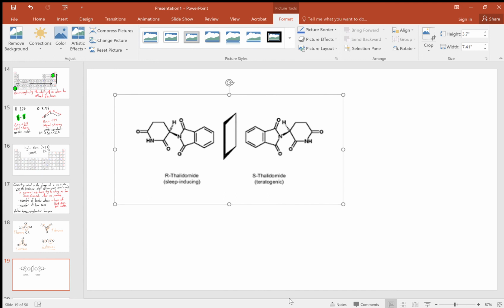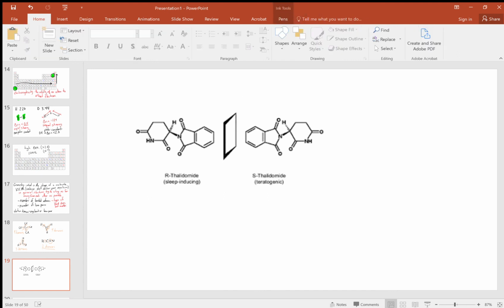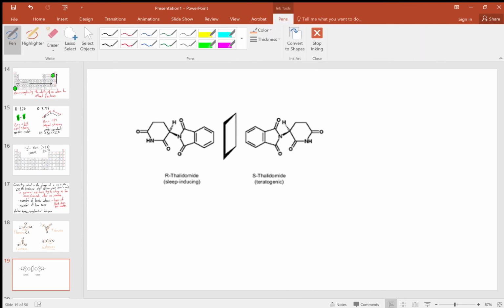But because of the geometry of carbon, thalidomide exists as two possible compounds. And you can see the difference in them here. So when we have one of these wedges, that means the bond is pointing toward you, or out of the plane. When the bond is dashed, it's pointing away from you, or back into the paper.